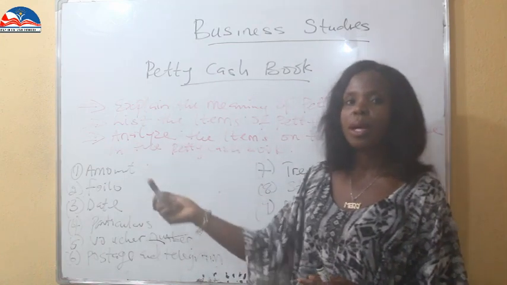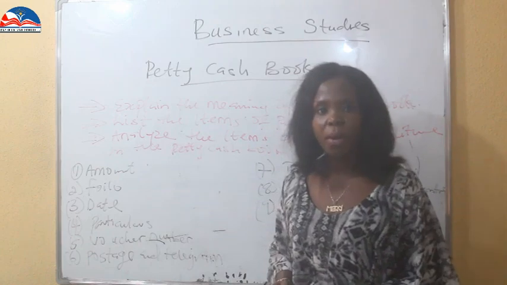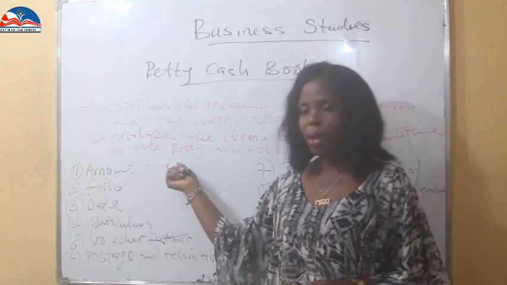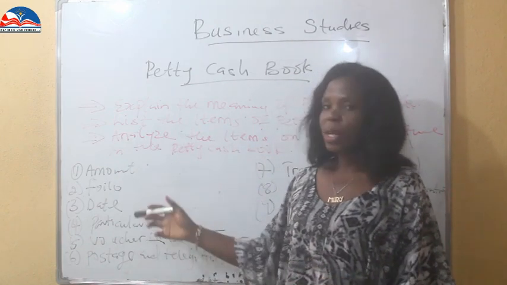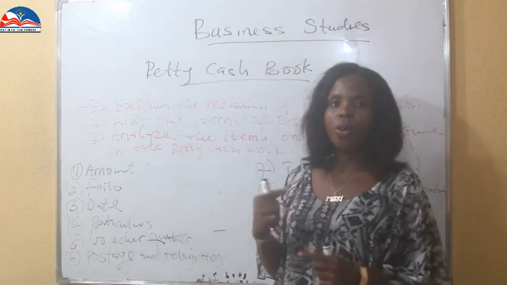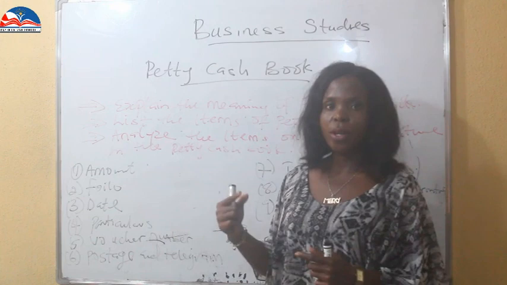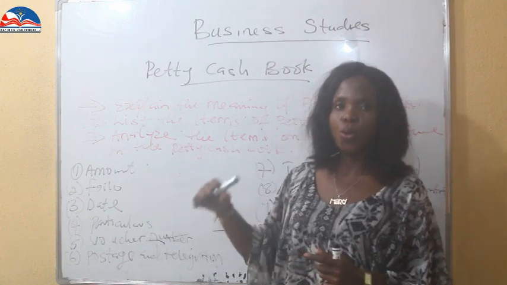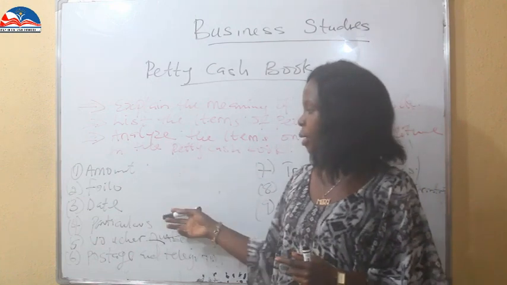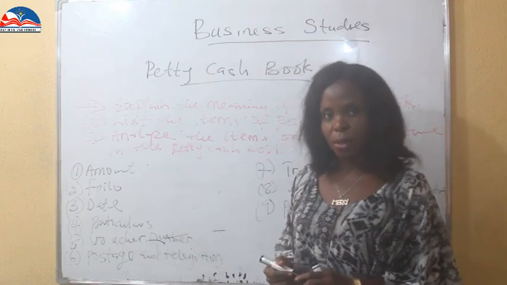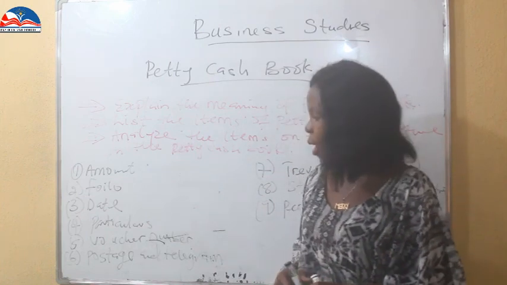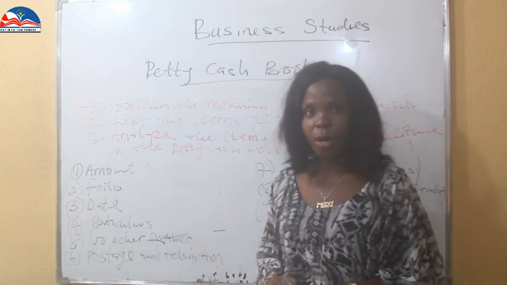The amount that the cashier gives to the petty cashier will appear. The folio number, the date, the day-to-day running of this business, on what day did you do each transaction. The particulars, what are the items, what are the events that happened, the voucher number.